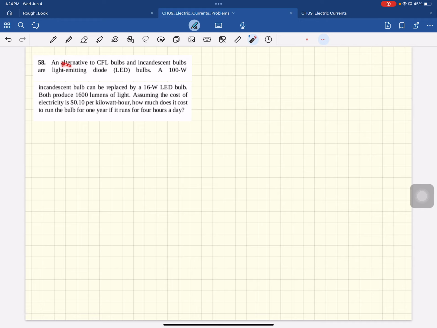So an alternate to CFL, compact fluorescent bulbs, and incandescent bulbs are light emitting diodes, LEDs. Those old kind of bulbs, incandescent bulbs, they were about 5% efficient. What does that mean?